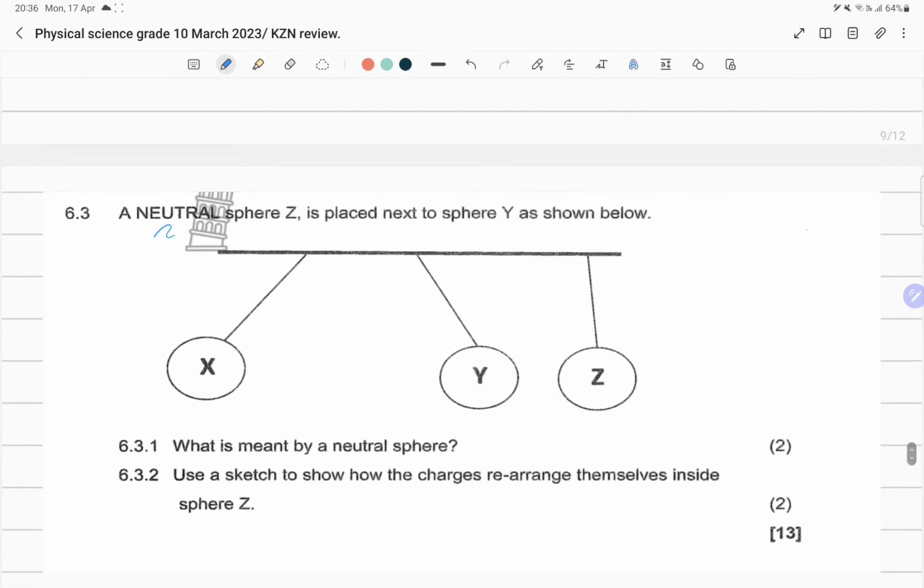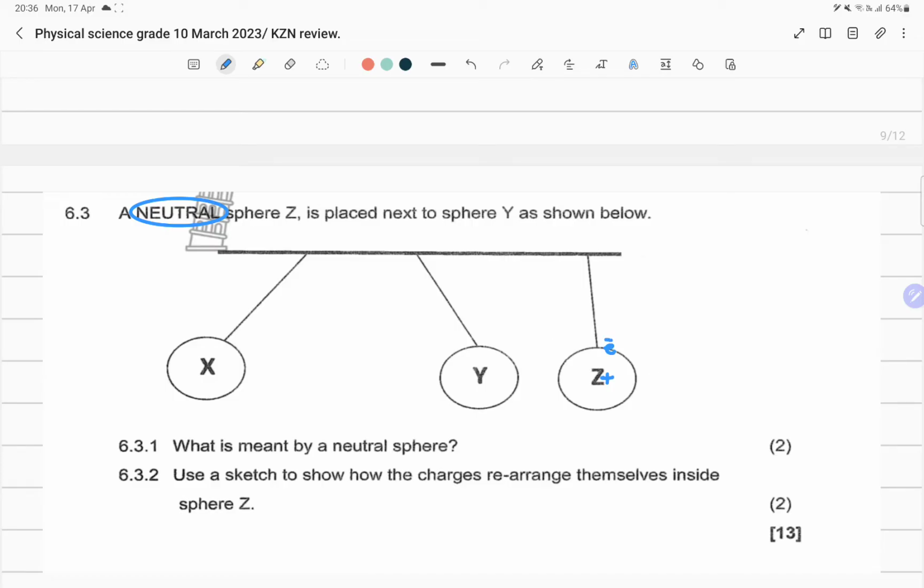6.3 says a neutral sphere Z. Okay, if it is neutral, what do we know? The number of electrons is equal to the number of protons.